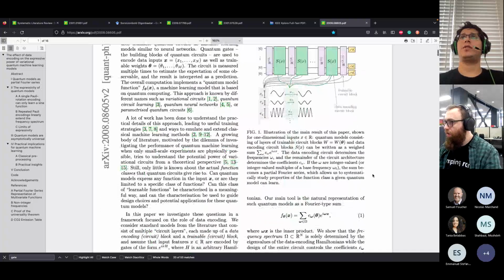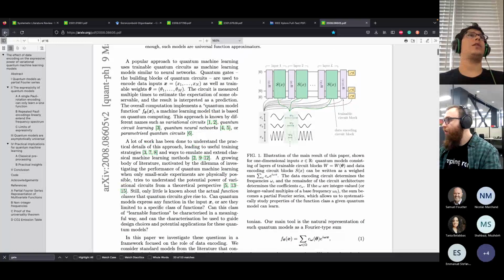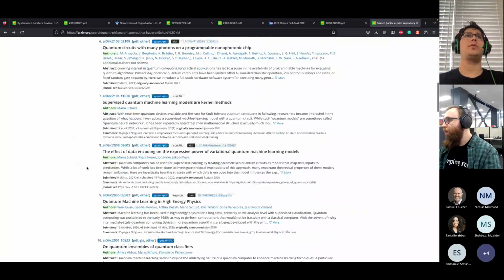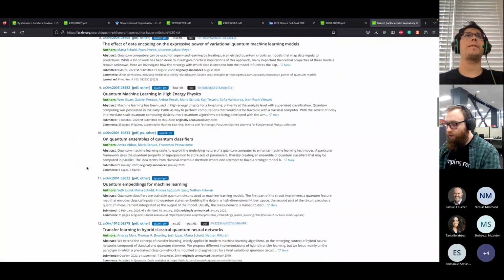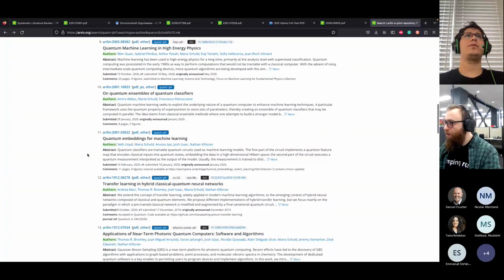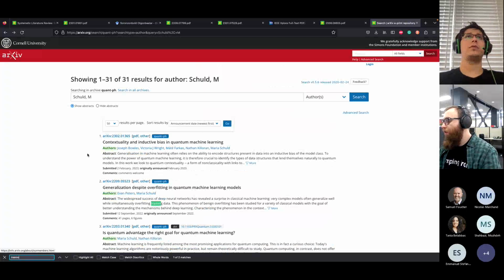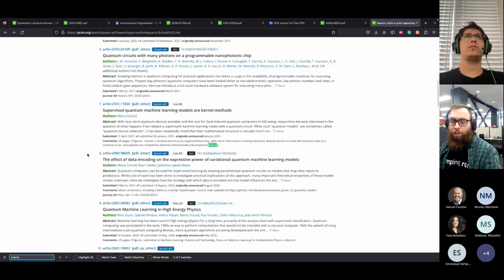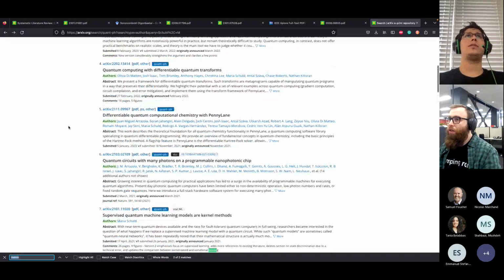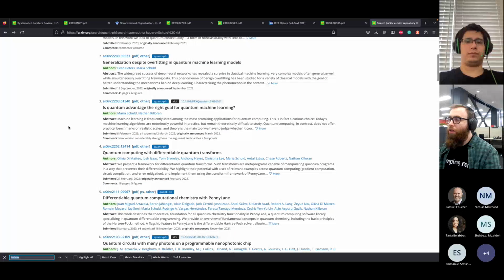What else can I tell you? Oh yeah, there's another paper from this author, on quantum embeddings training. There's another one where they train the embedding.